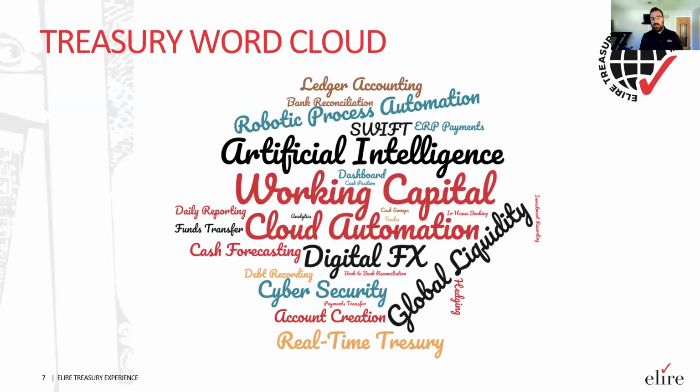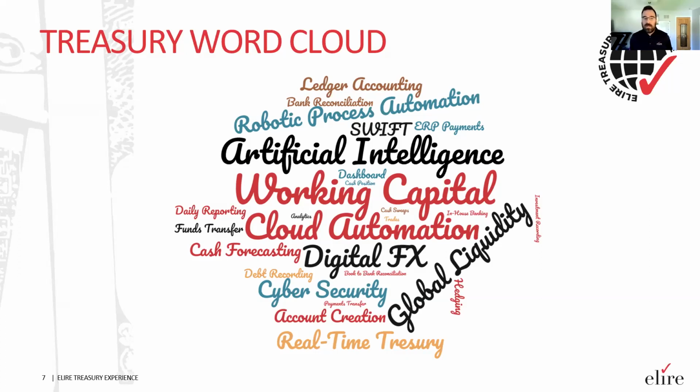Okay, something you might have seen a lot this week: each session had a treasury word cloud that represented some of the topics or buzzwords related to that presentation. We had presentations around strategy, we had product demos, and a lot of topics have been thrown out there.